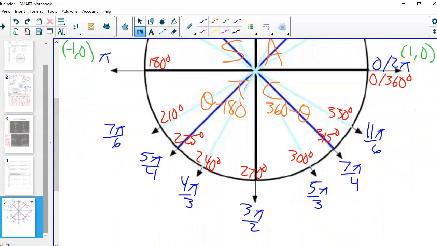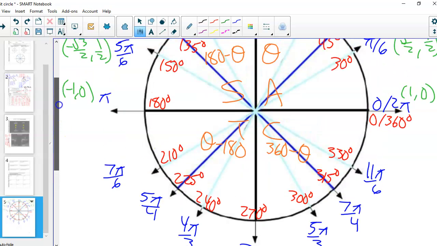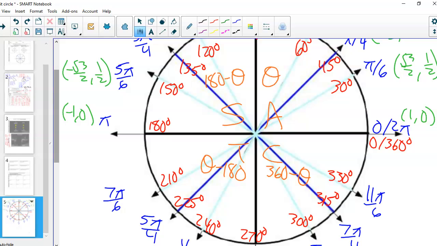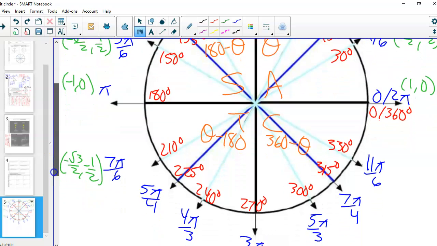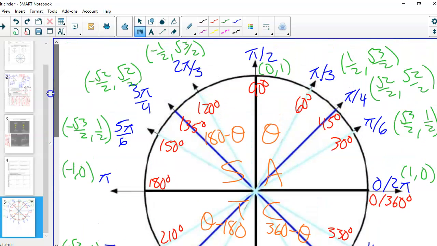For 210, that's 210 minus 180, so we're looking at 30. It's going to be this ordered pair, but both are negative since only tangent is positive. For 225, 225 minus 180 is 45. So we're looking at this ordered pair, but both are negative.